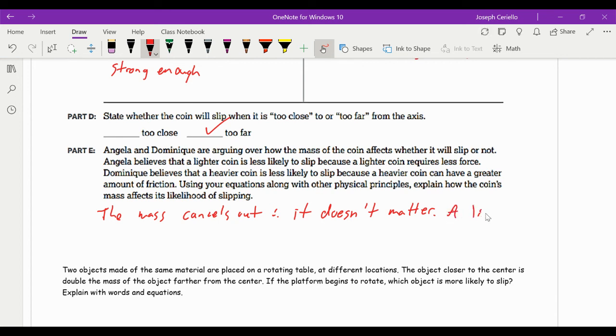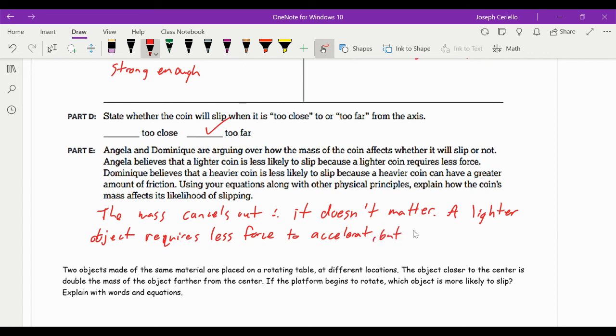A lighter object requires less force to accelerate.